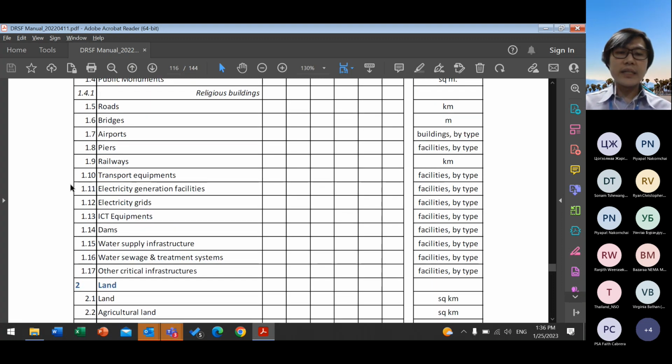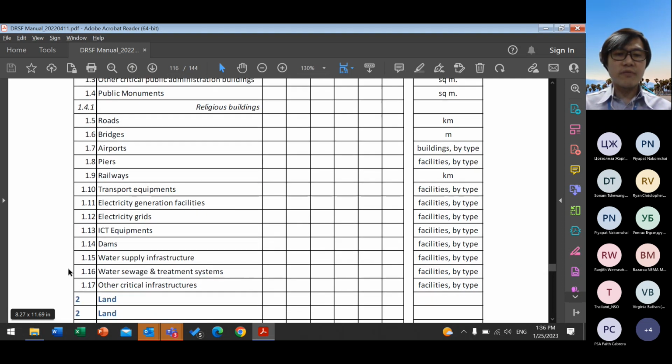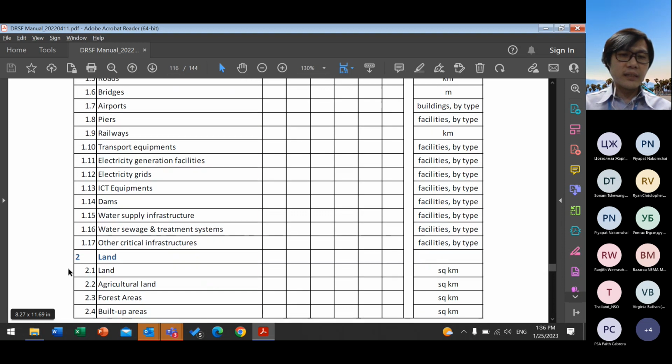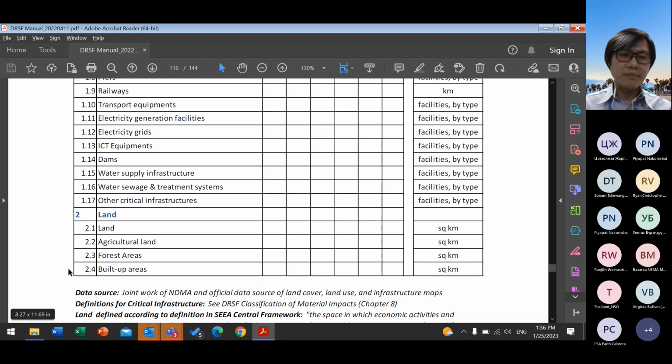And this is a long list of key critical infrastructure that would be important in time of disaster, so that we know which infrastructure are at risk of being impacted and might worsen the impact of a disaster. And this list are examples. Depending on the priority of the country, the list can be shortened or it can be longer, focusing on some of the key information that the country would need in their disaster planning.